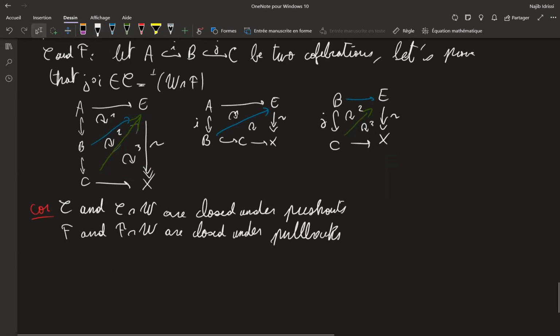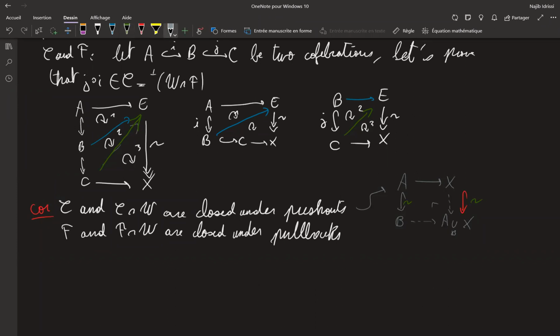So what do I mean by this? I mean that, for example, if you have a cofibration here, and you take a pushout, then the corollary says that this map is a cofibration. And if it's acyclic, then this one is acyclic too.